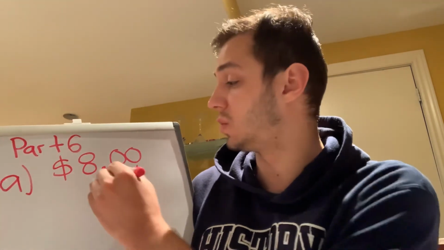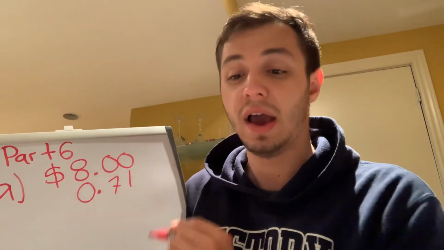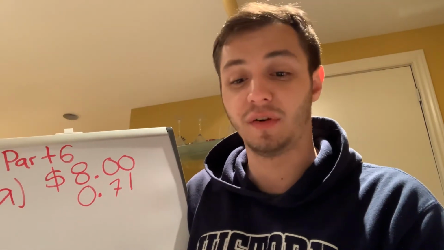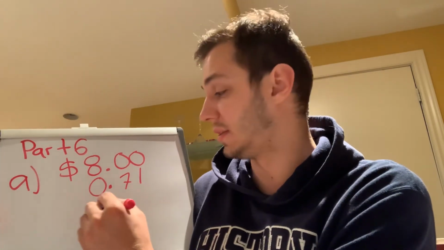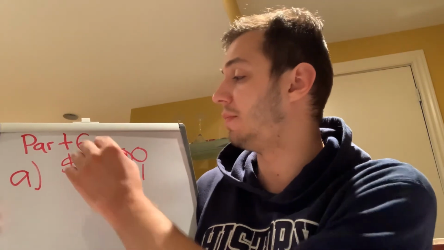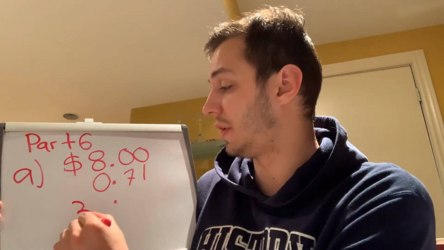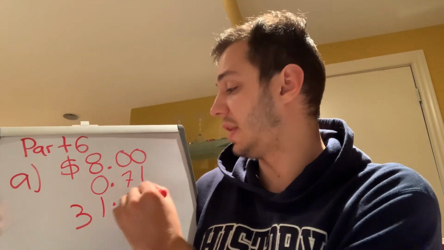And then we could also put a 0 here because it costs $0.71. And our last item was the telephone, which cost $31.08. Once again, I'm going to line up my decimal and make sure to line up all of your place values. The 3 should go out here, the 1 should go there, 0 should line up, and the 8 should line up.